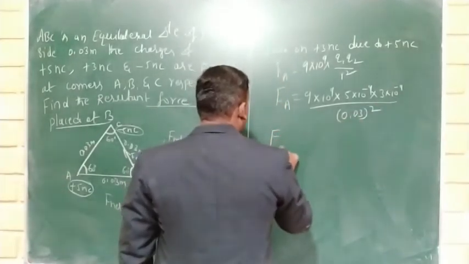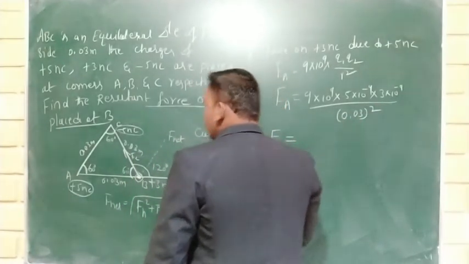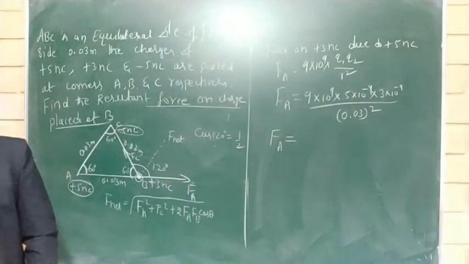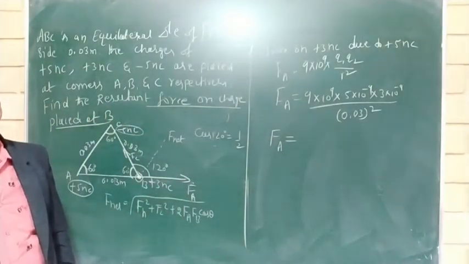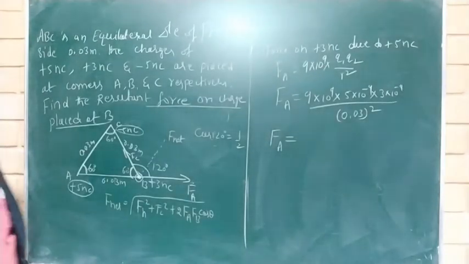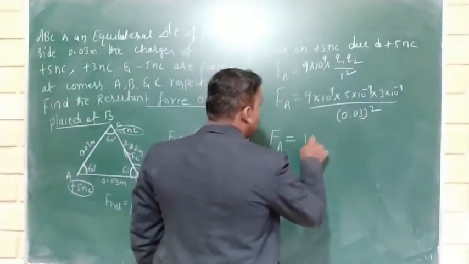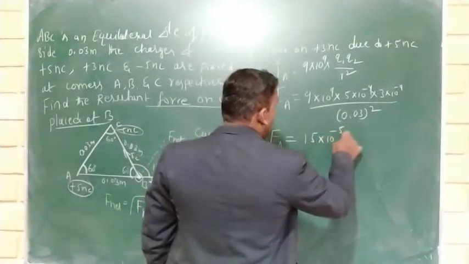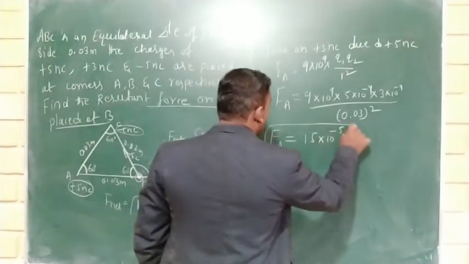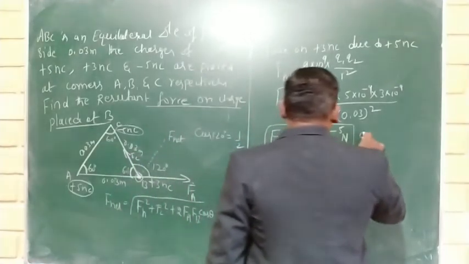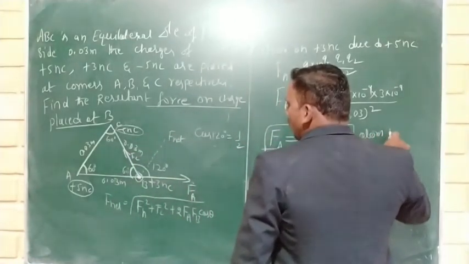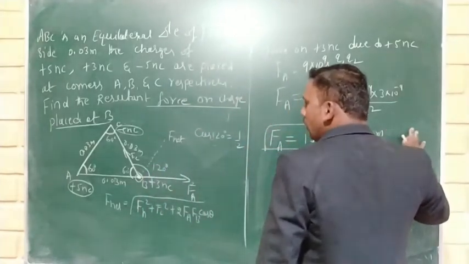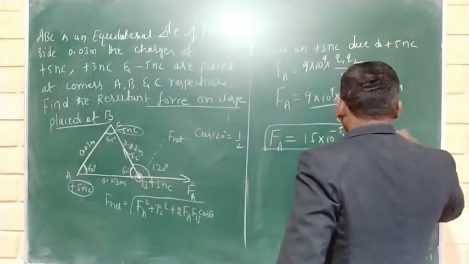After simplifying, FA is equal to 15 into 10 to the power of minus 5 Newton along AB.